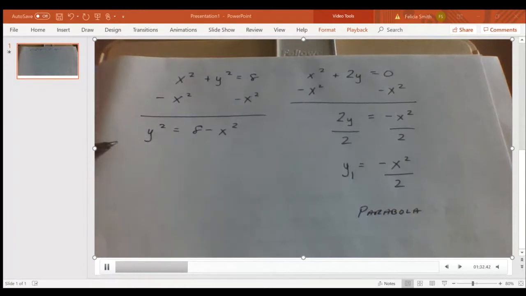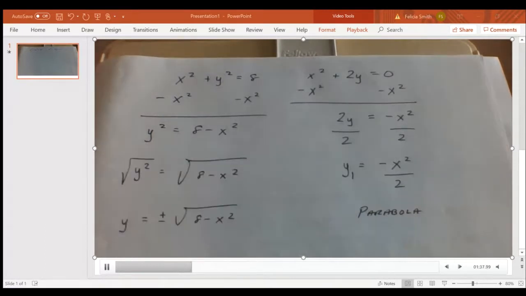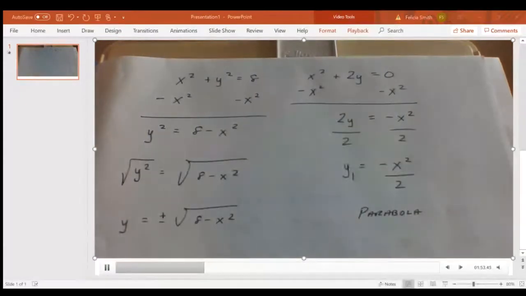And in order to solve for y, we're going to go ahead and take the square root of both sides in this equation. Taking the square root of y squared is the easy part. That just gives us a y value right back. When we take the square root of 8 minus x squared, nothing fancy here. Just keep in mind you're going to get both a positive and a negative version of that radical.